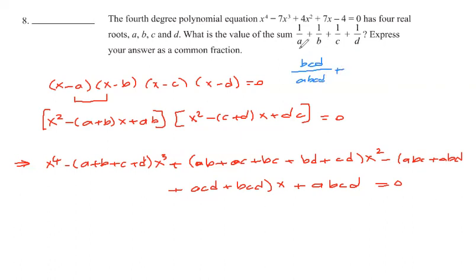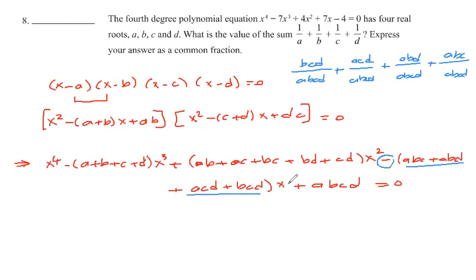The second one I multiply by ACD, so you get ACD over ABCD. Then you multiply this by ABD, so you get ABD over ABCD. And the last one is ABC over ABCD.